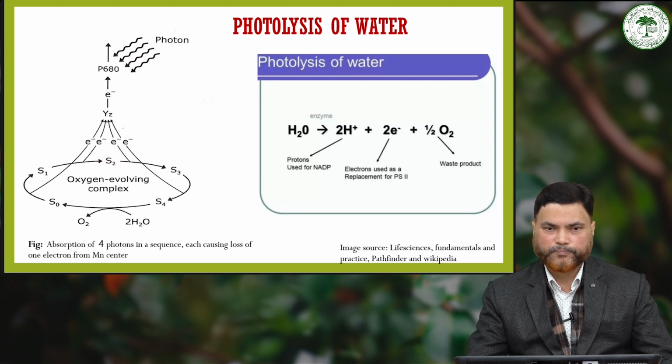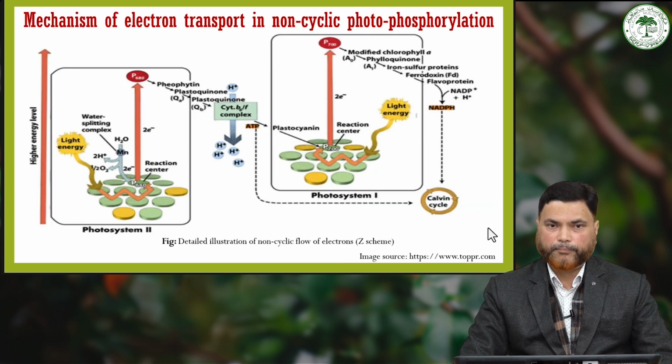As you see in the figure, the sequential absorption of 4 photons, each causing the loss of 1 electron from the manganese center, produces an oxidizing agent that can take 4 electrons from 2 molecules of water producing oxygen, and the electrons lost from the manganese center pass one at a time to a tyrosine residue, that is YZ, in the D1 protein.